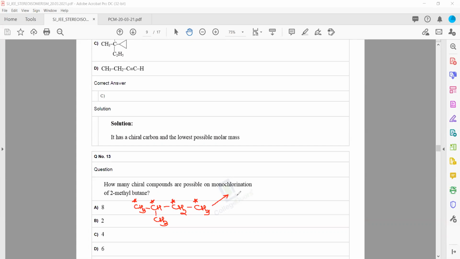Okay, so on the left side, if I replace the first carbon's H, the structure I obtain would be this one. Is it containing a chiral carbon? Yes. Next, if I replace the H of the second carbon, I will get a structure like this. Is it chiral?